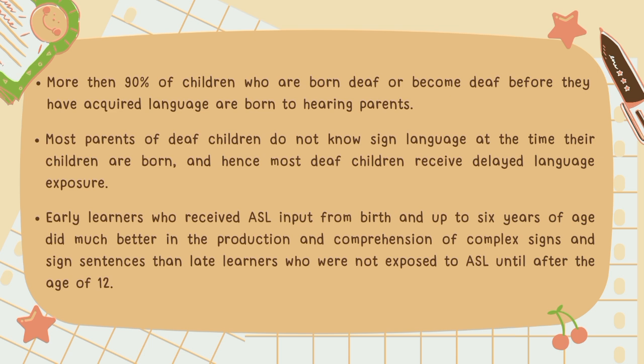This early exposure is crucial for their linguistic competence. So early exposure, especially from birth to 6 years old, leads to significantly better outcomes in language comprehension and production compared to delayed exposure. This emphasizes the importance of early and appropriate linguistic intervention for deaf children.